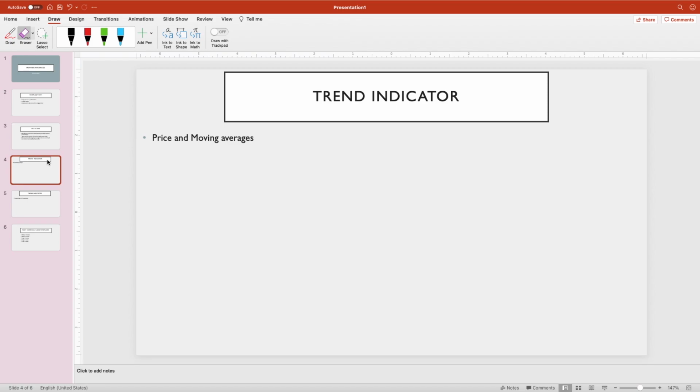But now, how can you use that information when you are trading? The first way that you can use it is as a trend indicator, by comparing the price and the moving averages. So for the first example, say we have a price that was going down, and then for some reason it started to go sideways and up.